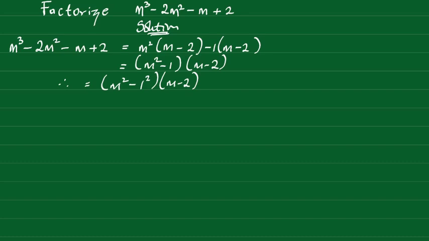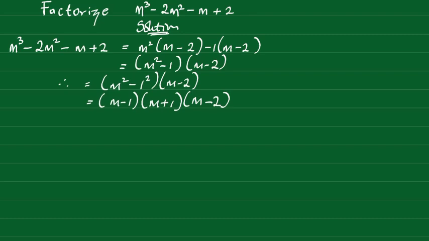And since we have m squared minus 1 squared, our expression becomes bracket open, m minus 1, bracket close, bracket open, m plus 1, bracket close, bracket open, m minus 2, bracket close.